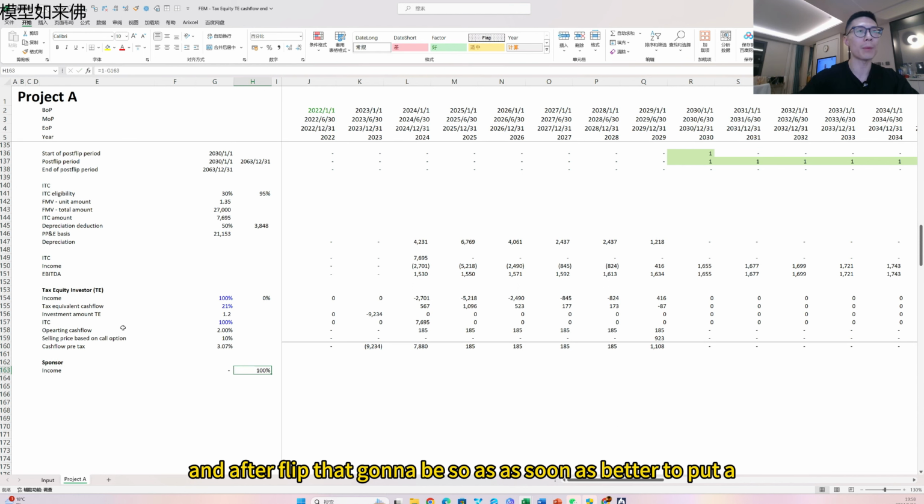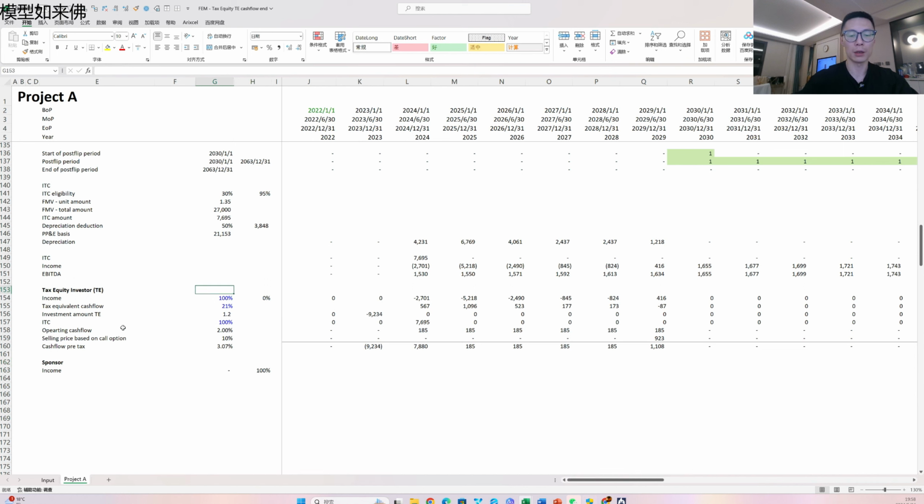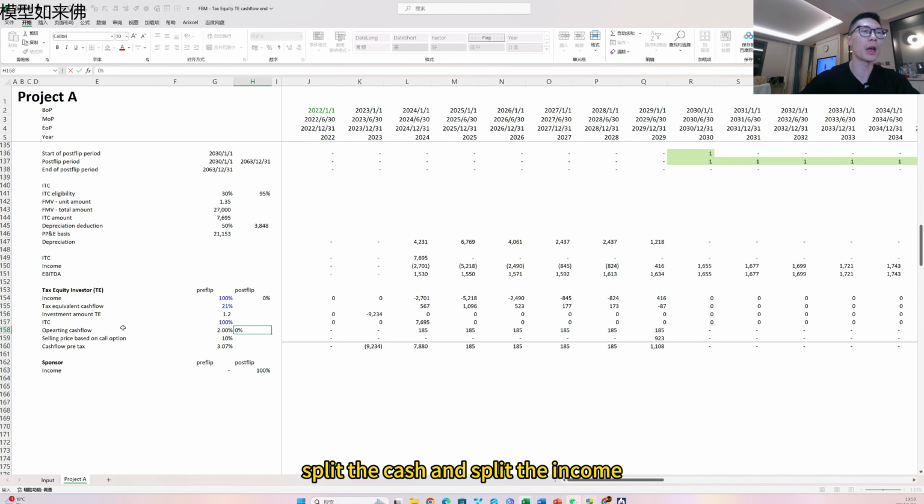So I think it's better to put a pre-flip, post-flip. So that is how they split the cash and split the income.